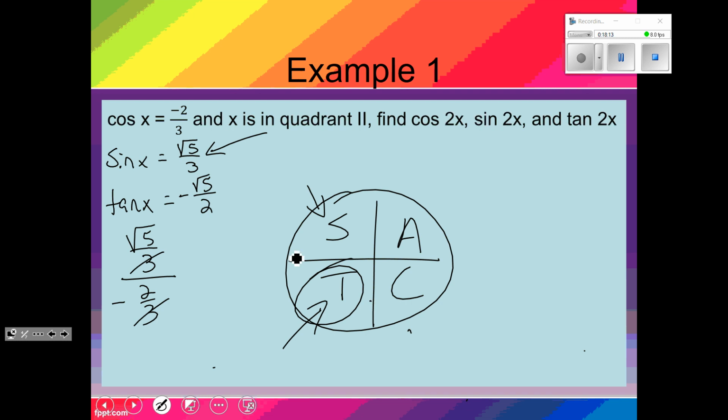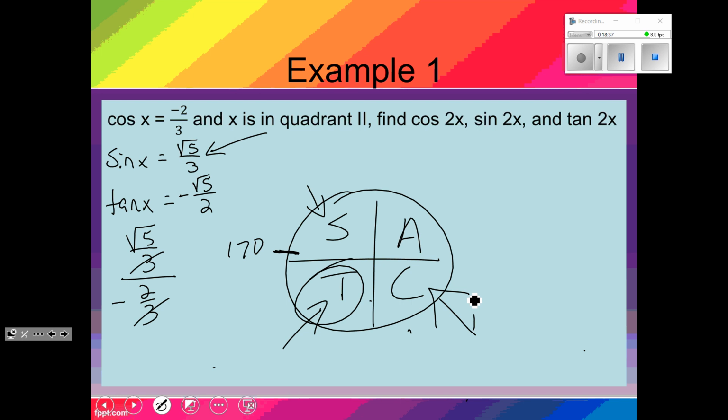Could you be right here and double it and end up in quadrant 4? Give me an easy example of something close to 180, but not 180. 170. So if I double 170, where would I be? 340. So would I be in quadrant 4?